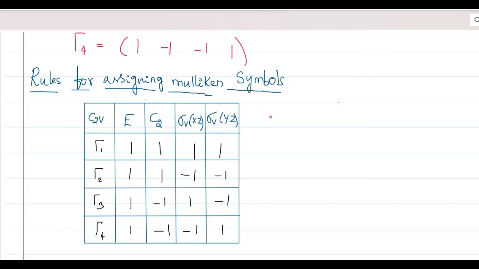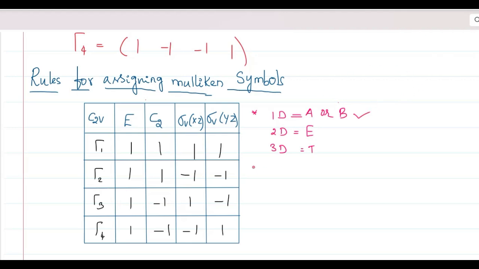If it is a one dimensional representation, then you need to give the symbol A or B. If it is two dimensional, then it will be E. If it is three dimensional, it will be T. So in our case, in C2v, it is A or B. So that we have decided.